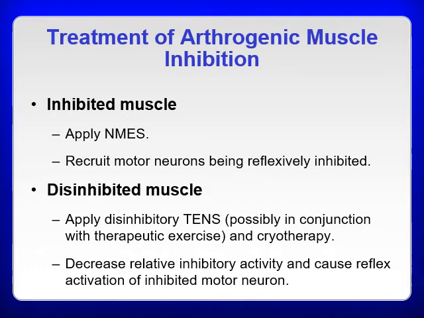Then at the knee joint, you would be doing a disinhibitory TENS, which would be for pain relief, and even possibly using cryotherapy prior to. The idea is that you would decrease the inhibitory reflex and cause increased activation of the inhibited motor neurons. So in other words, you would be able to further enhance that motor neuron recruitment by working at the injured joint.